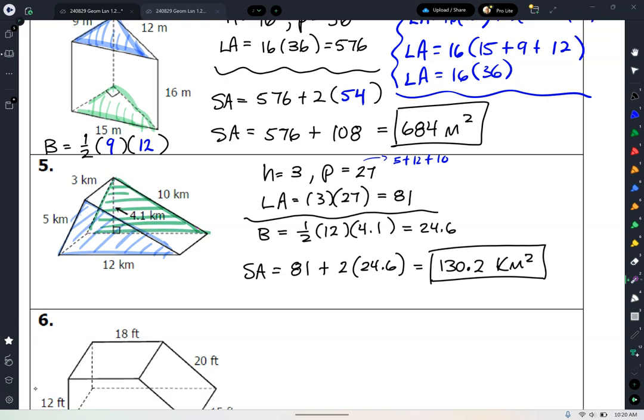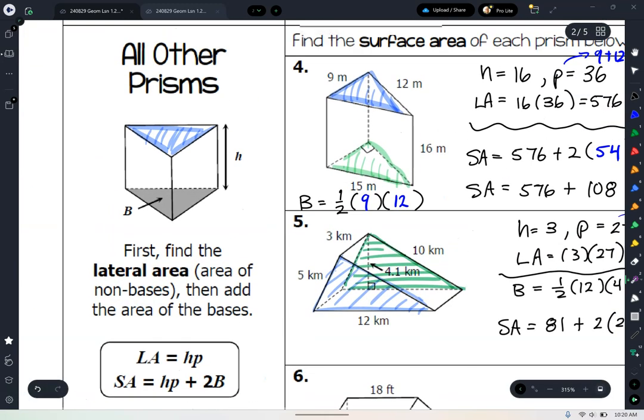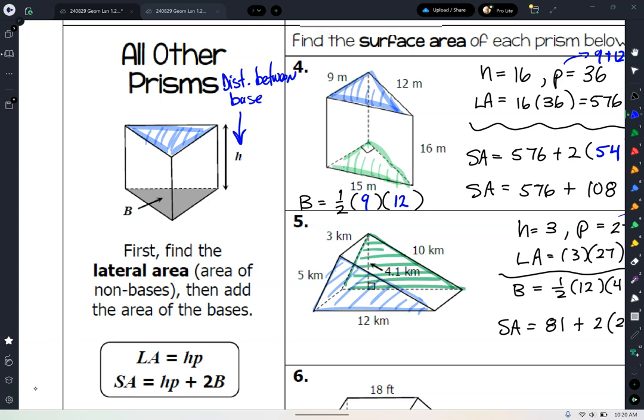I'll flip it over like this. 3 would be going straight, right? It would still be a height. I know, but it's still the height of the solid, so this is where the clarification comes. If it's easier for you, write this down. This is the distance between bases.